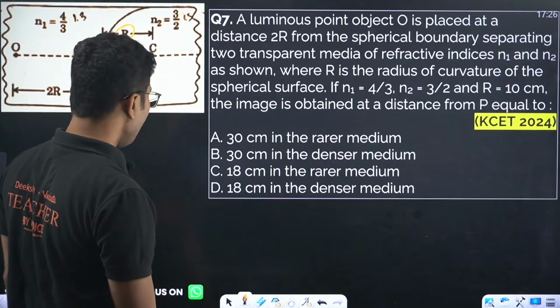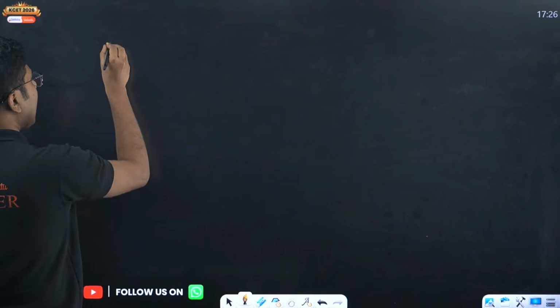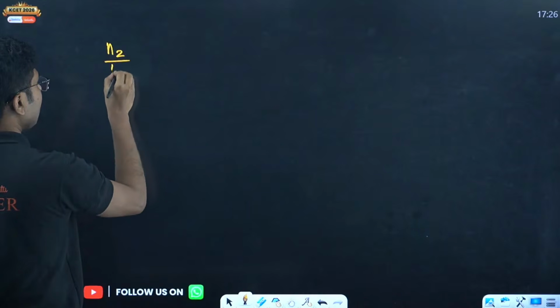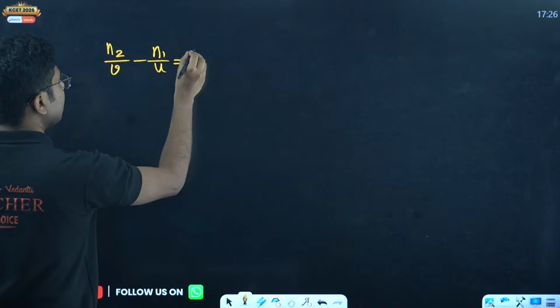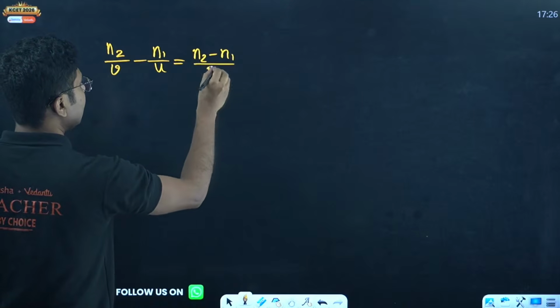So first of all, what equation will we be using? We'll be using N2 by V minus N1 by U equals N2 minus N1 by R. This is the formula.